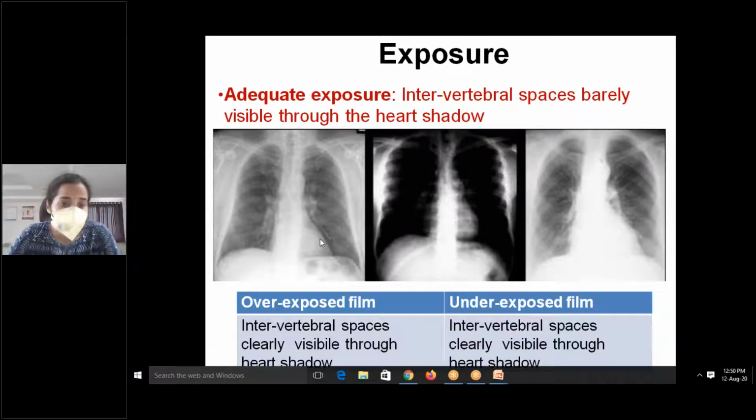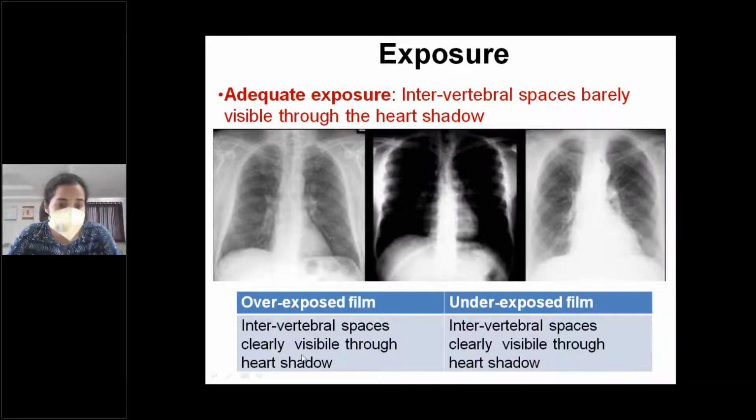In an overexposed film, we have the intervertebral spaces clearly visible through the heart shadow. So here we can clearly see the intervertebral spaces through the heart shadow. And in an underexposed film, the intervertebral spaces are not very clearly seen. So there's a mistake here. The intervertebral spaces are not very clearly seen over here. Okay, I think that's it.